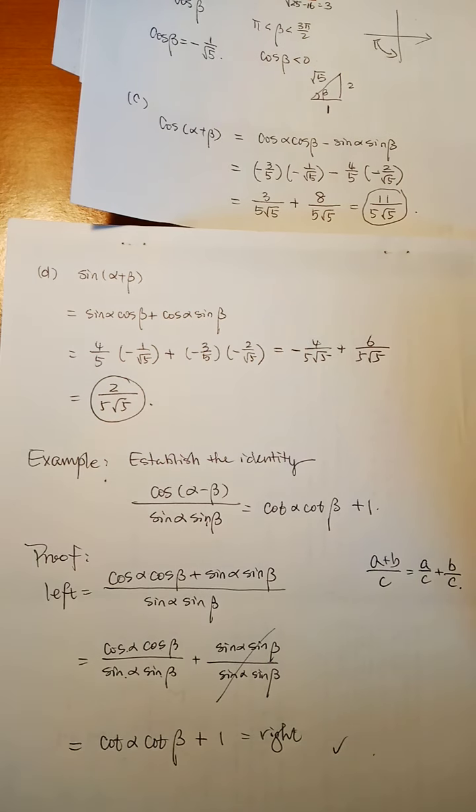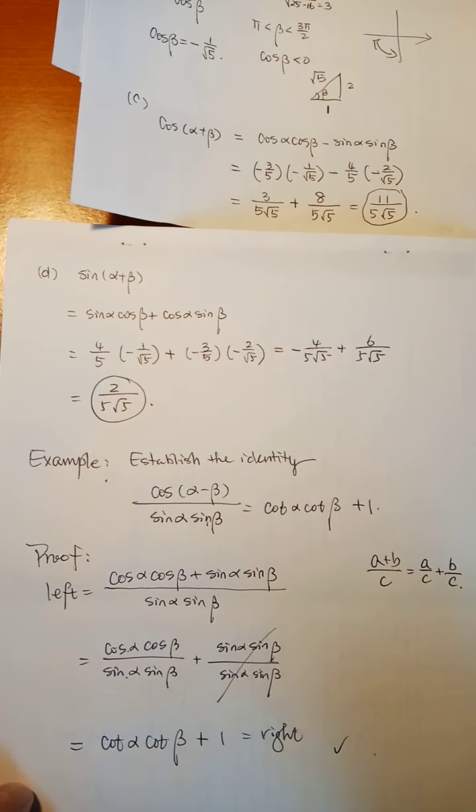Combine the sine and cosine sum and difference rule formulas, and we actually have the tangent.